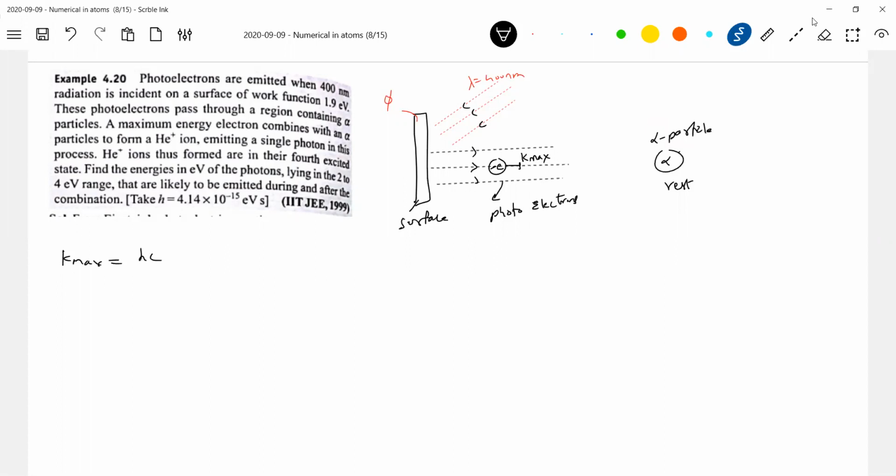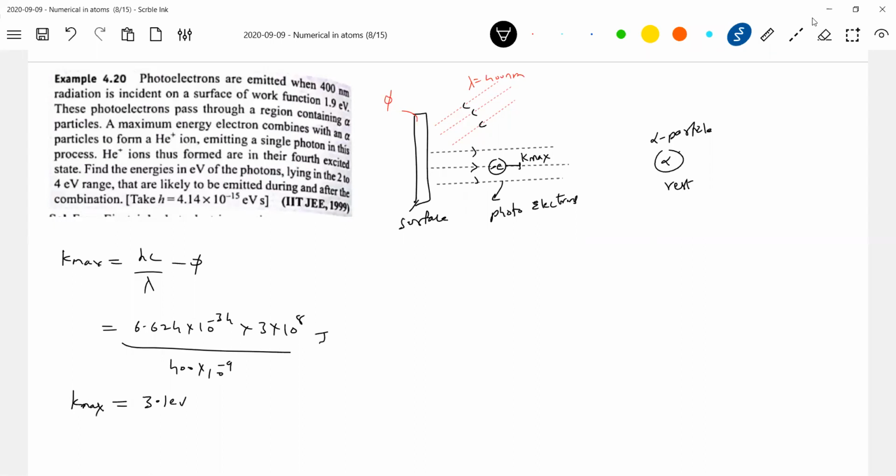Kmax should be equal to hc by lambda minus work function. 6.624 into 10 to the power of minus 34, 3 into 10 to the power of 8, lambda 400 into 10 to the power of minus 9. Solving this, I'll end up in electron volt. This will come in joule. Then I'll divide by the charge of the electron, I'll get the electron volt.